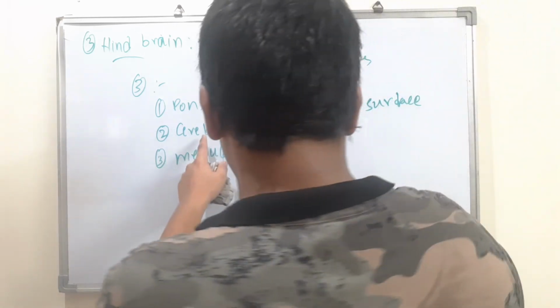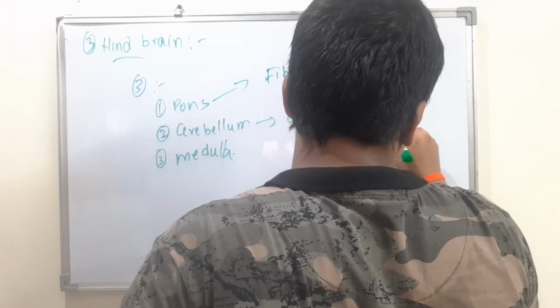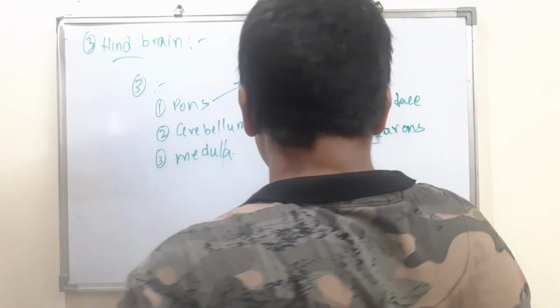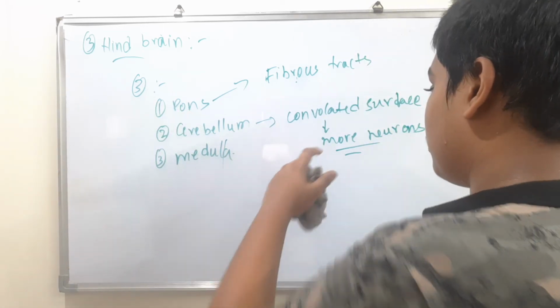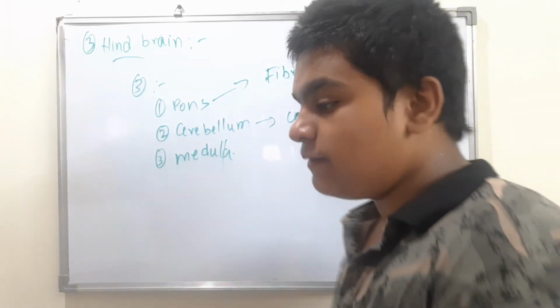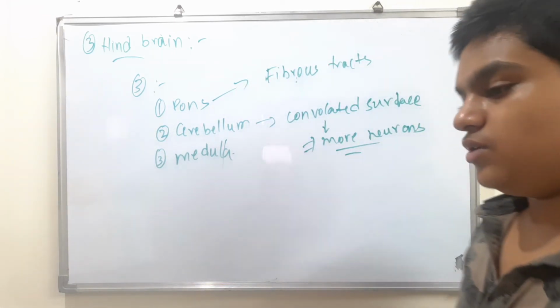So the cerebellum contains more neurons. The most number of neurons are present in the cerebellum, not the cerebrum. Remember this. Okay, got it.